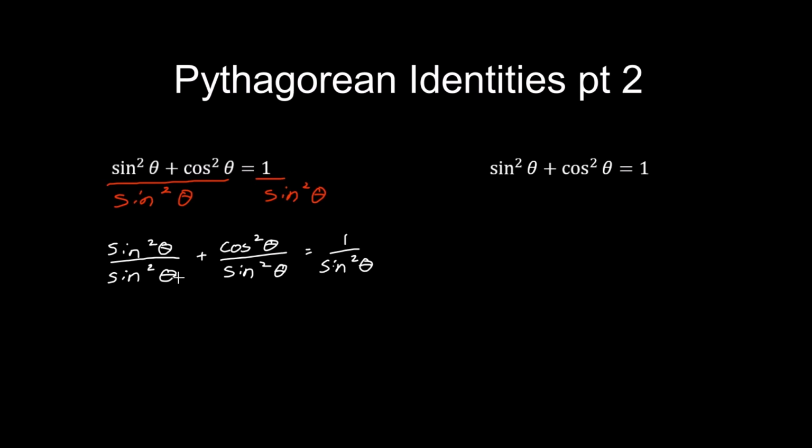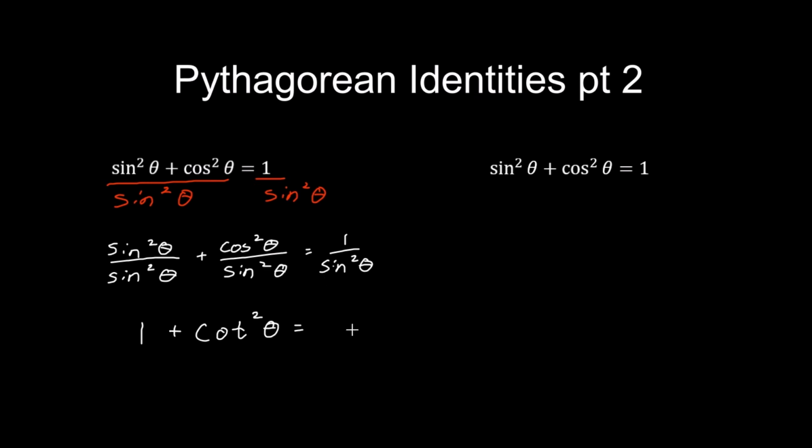Sine squared theta over sine squared theta cancels out to be just 1. So 1 plus, well, cosine squared theta over sine squared theta. Well, that looks a lot like a quotient identity. Cosine squared theta divided by sine squared theta is cotangent squared theta. Last but not least, 1 over sine squared theta, well, that's a reciprocal identity.